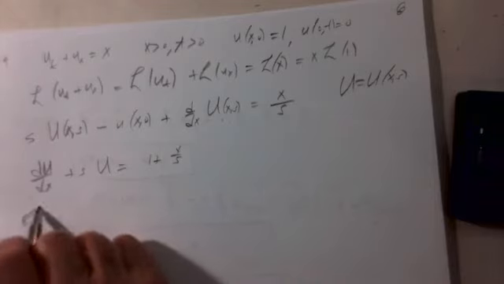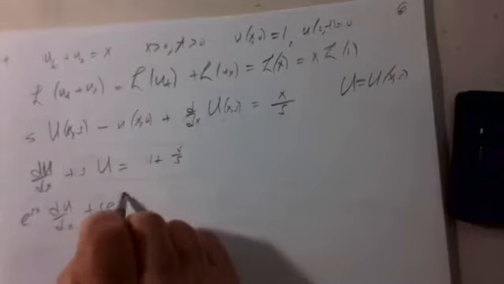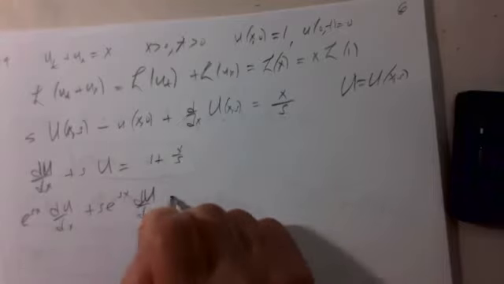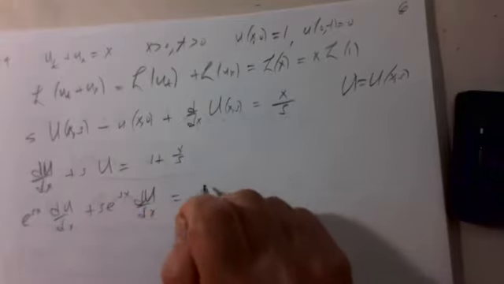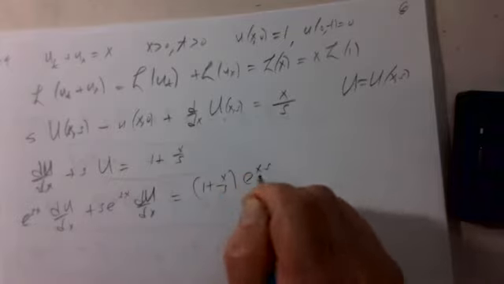If we multiply by e to the sx, we get 1 plus x over s e to the xs.